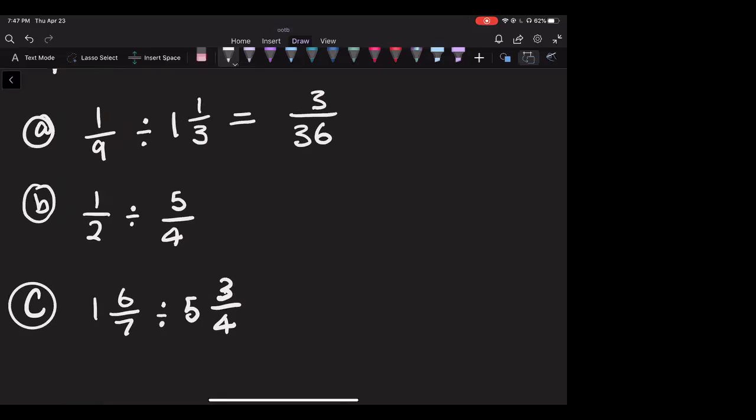Can we divide both numbers by 3? Oh yeah. So that's 1 over 12. Good job. I don't know if your teacher will expect you to simplify it or not, but I feel like it's a good habit to get into simplifying.